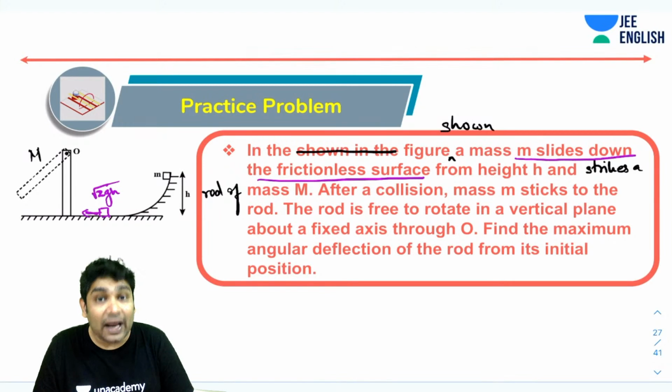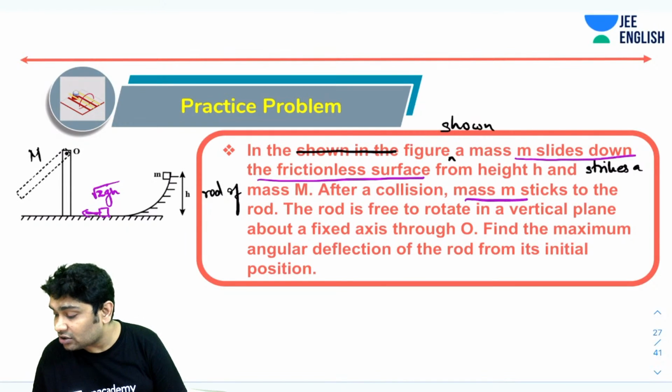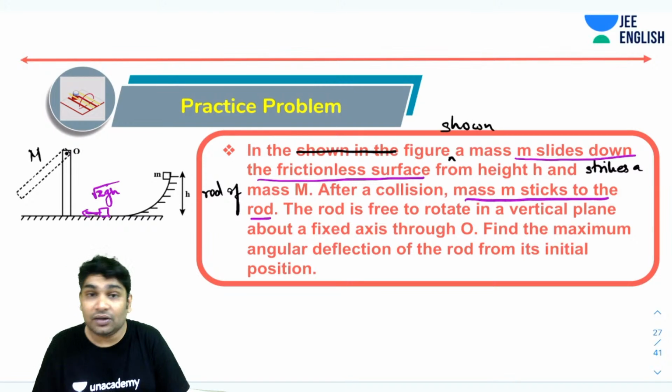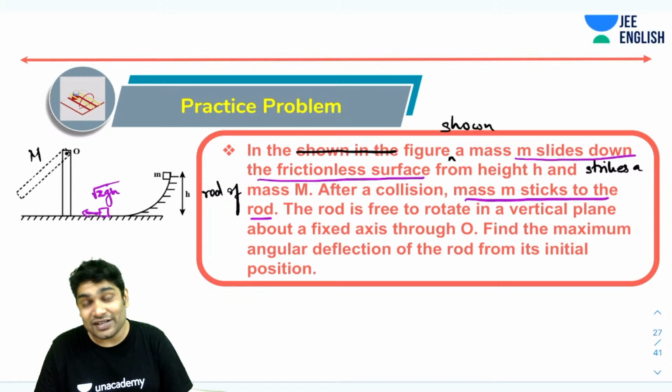Now it will collide with this rod, and mass m sticks to the rod after the collision. What kind of collision is that? The collision is perfectly inelastic, right? If the collision is perfectly inelastic, can I use energy conservation in such a collision?